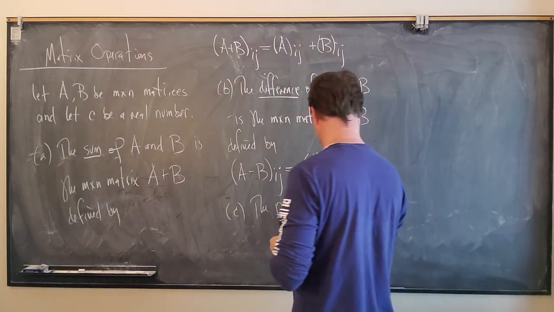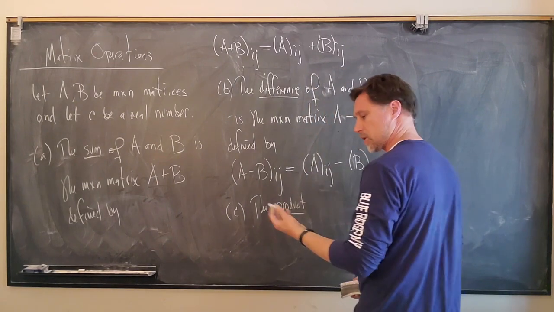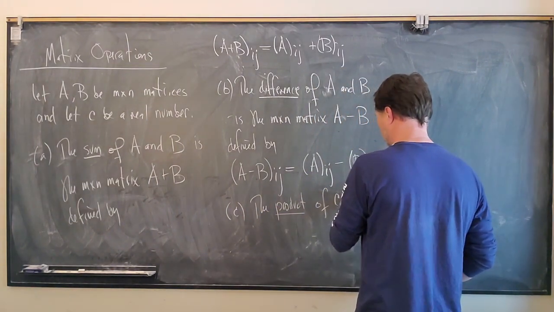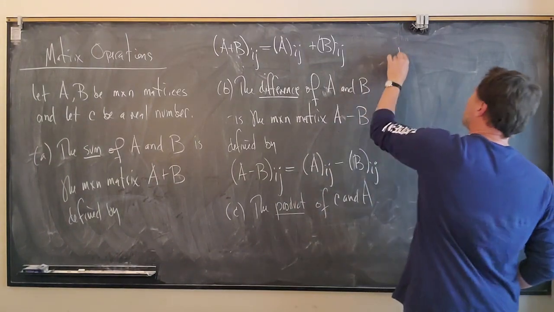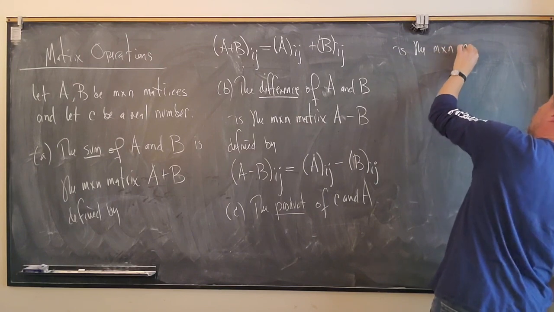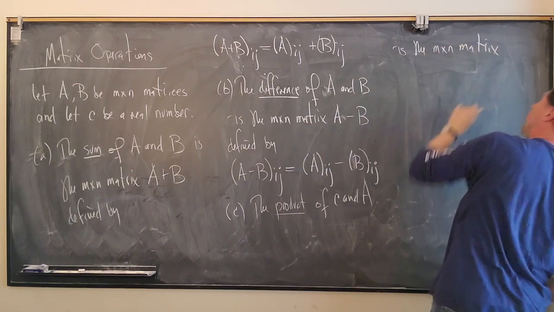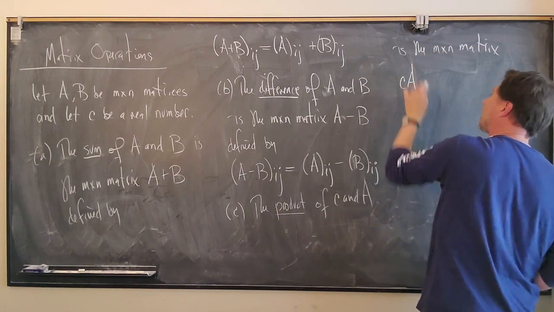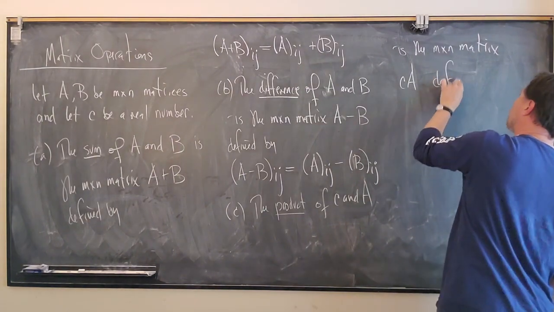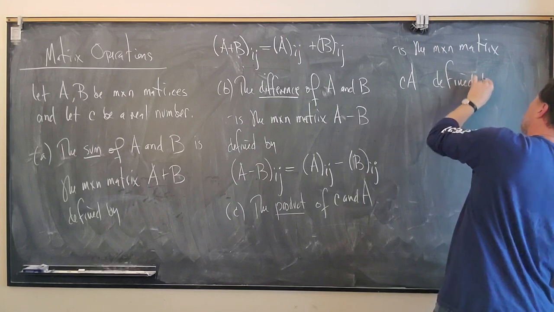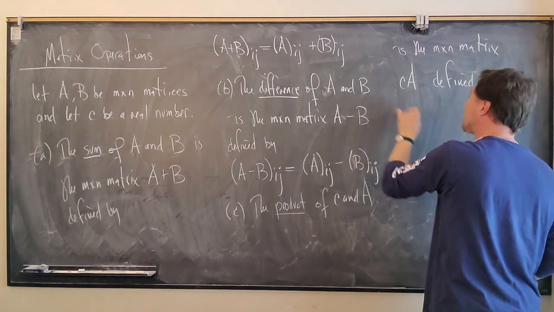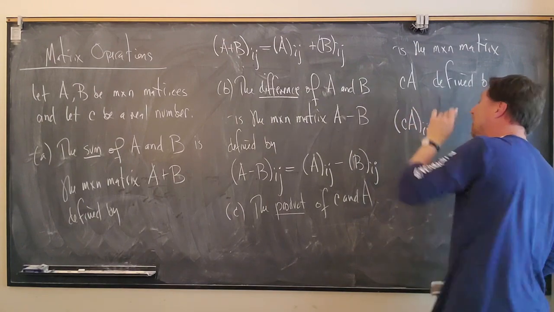The product of C and A is the M by N matrix little c times capital A, defined by: once again I need to tell you who the ijth entry is.